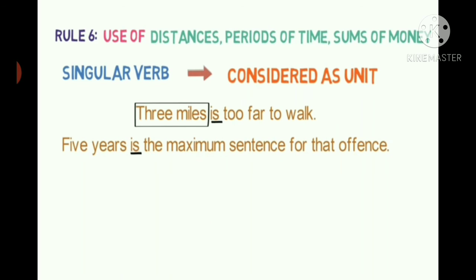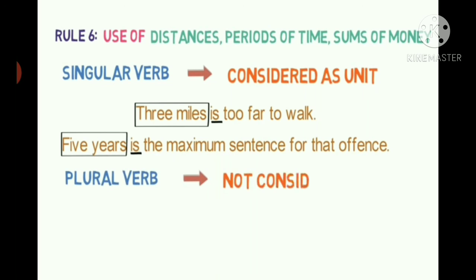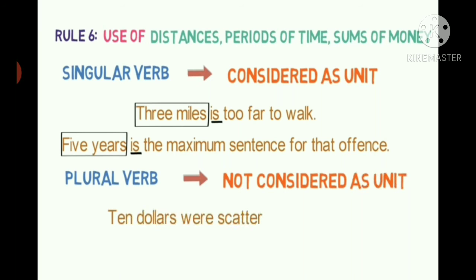Same, 5 years, it's a period of time, again considered as a unit. That is why is. Now next is plural verb. When to use plural verb in these expressions? When it is not considered as a unit. $10 were scattered on the floor.